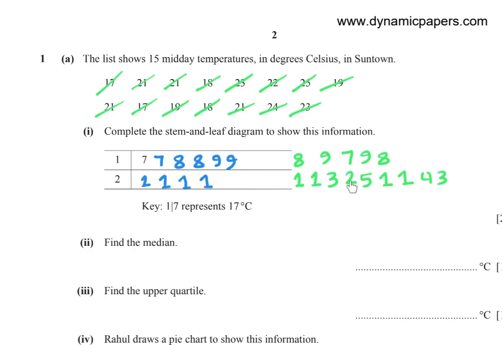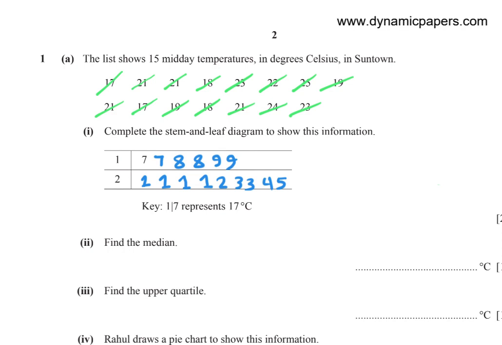Then 2, how many times? 1. Then 3, 2 3s, and 4, then 5. After we arrange them, we can delete that. Now we complete the stem and leaf.